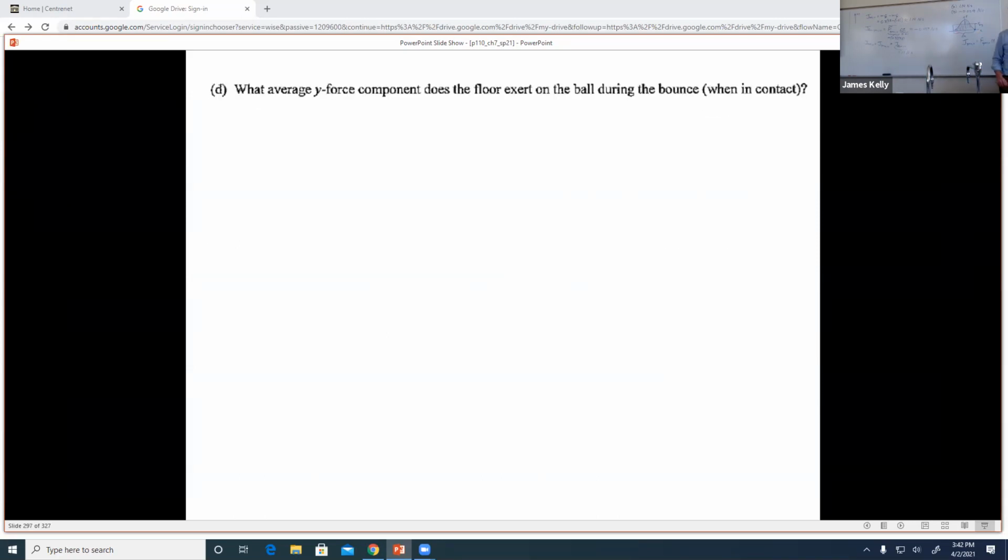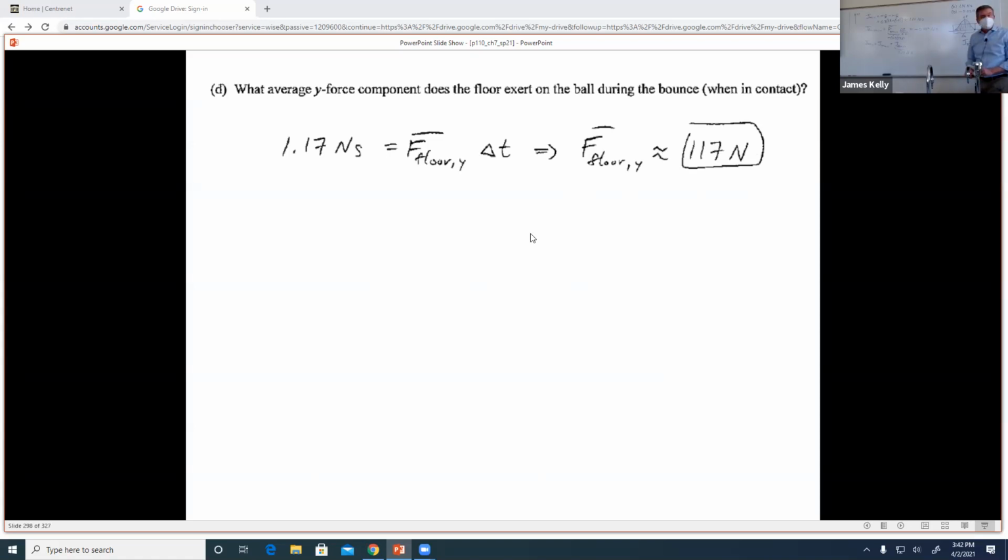There are some things on the back and we'll just sort of go through those together. D asks, what's the average force y component the floor exerts on the ball during the bounce? Well, we just found that the impulse delivered to the ball was 1.17, and impulse by definition is the average force exerted times delta t.